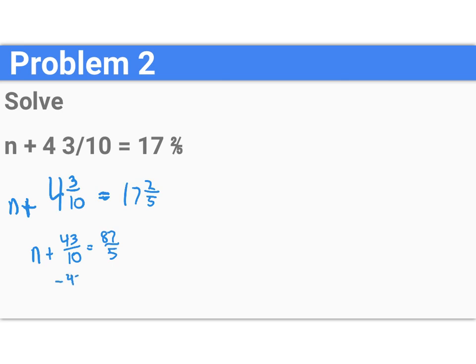And then subtract 43 over 10 from both sides. n equals 87 over 5 minus 43 over 10.